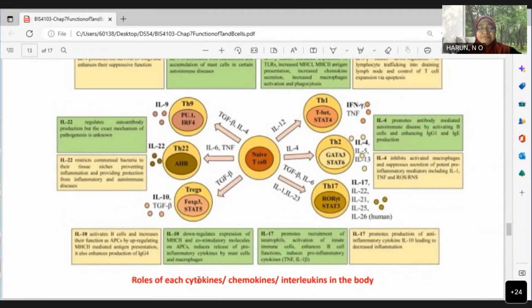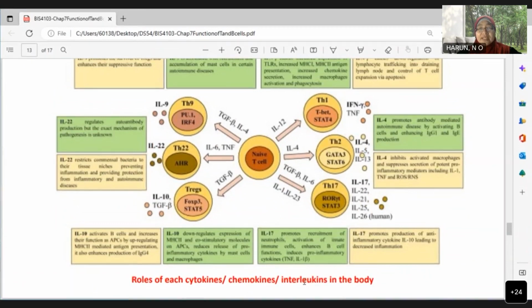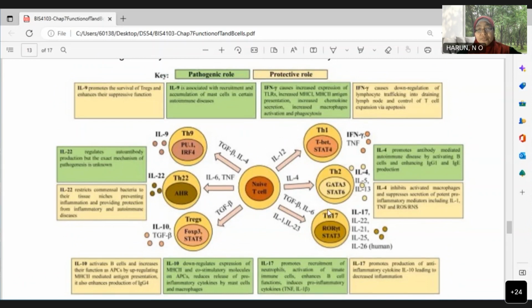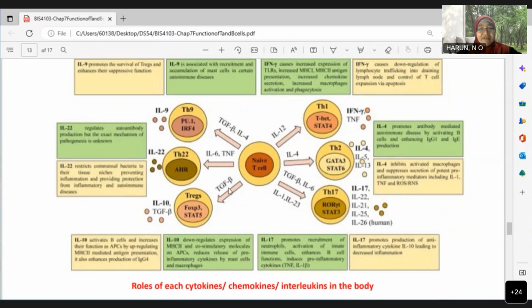So the roles of cytokines, chemokines, interleukins: all the IL ones are interleukins. Whereas interferon gamma, and we have another one, TGF, alpha, TNF here, are the chemokine group. Next are the cytokines. Okay.